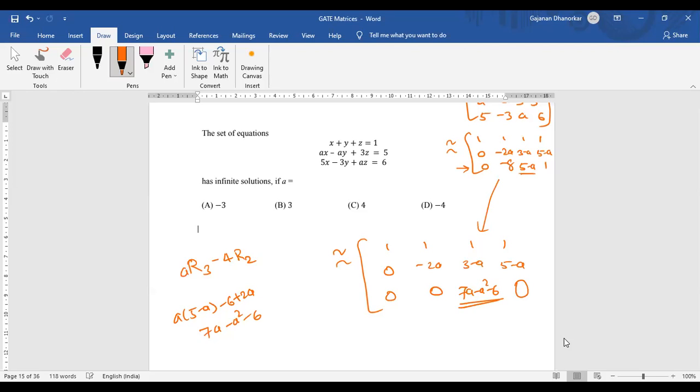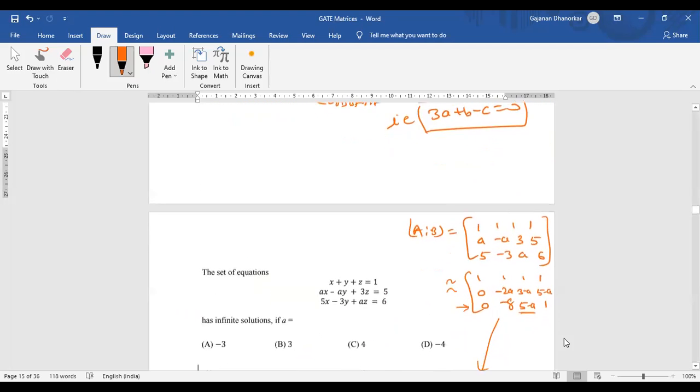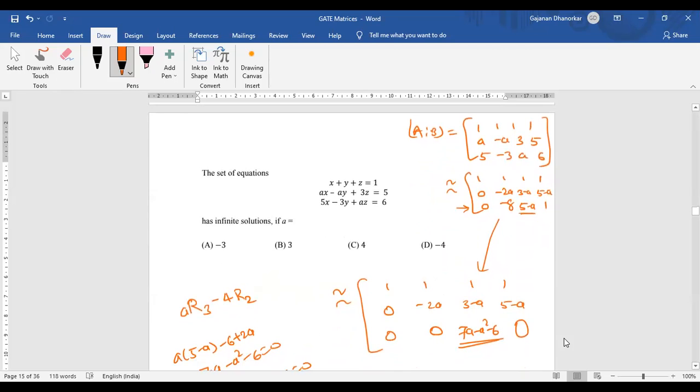Hello, is there any mistake in our calculation? Okay, I will solve suppose this. This is A square minus 7A plus 6 equal to 0. 6 and 1. Are you solving this?